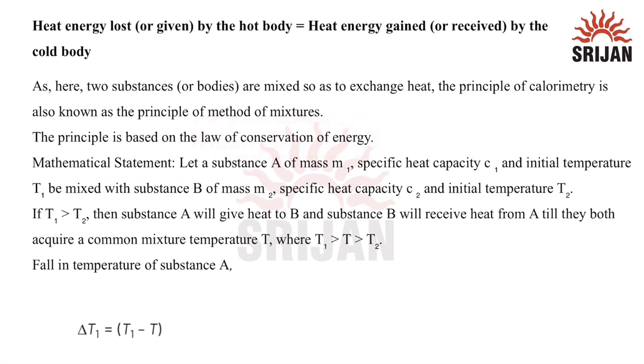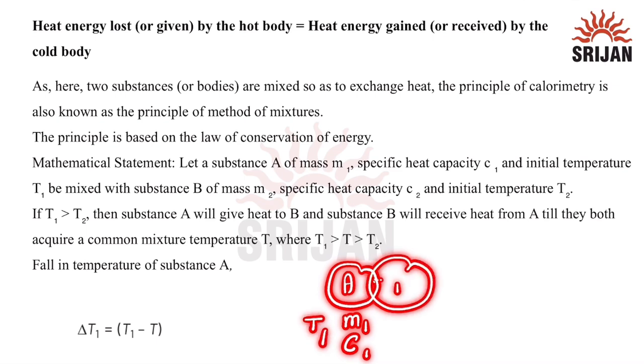Now mathematically, let's say we have a substance A of mass m1, specific heat capacity C1 and initial temperature T1. It is mixed with substance B of mass M2, specific heat capacity C2 and initial temperature T2.